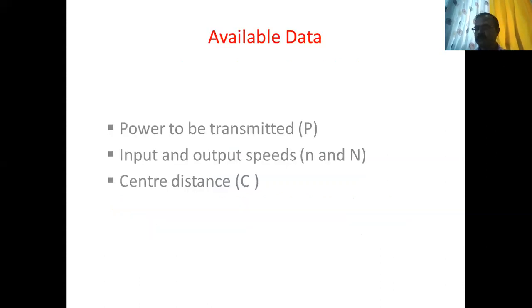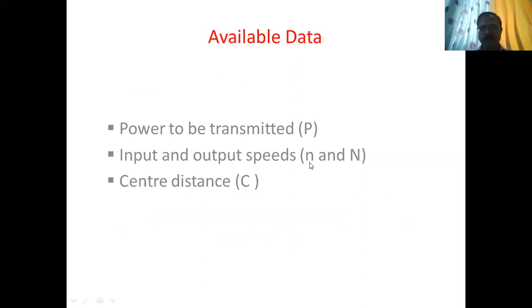First thing we must know before selecting a belt drive from the manufacturer's catalog is what is given to us. We must know at the initial stages the power to be transmitted, the input and output speeds. We are going to denote small n as the input speed and capital N as the output speed.